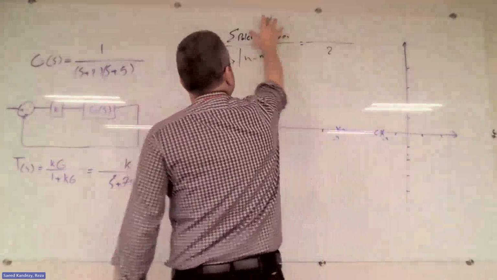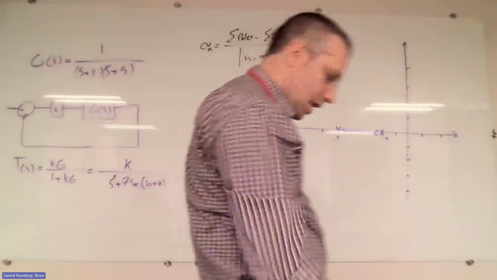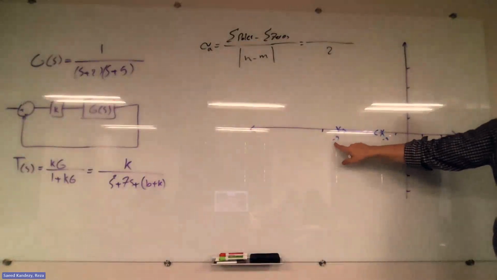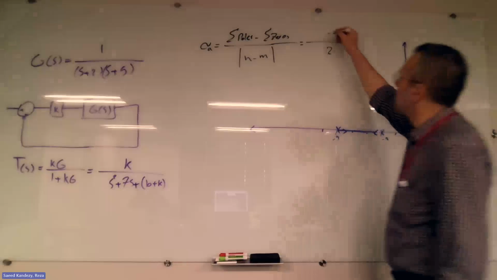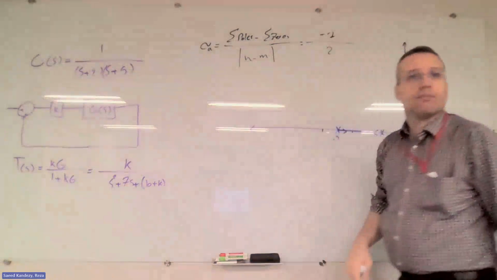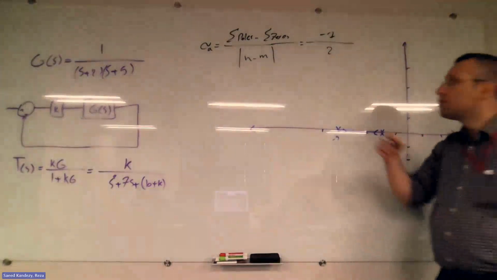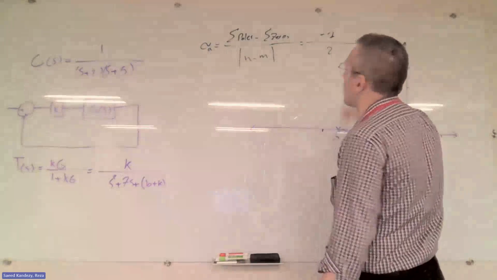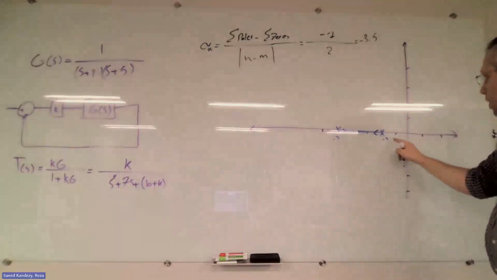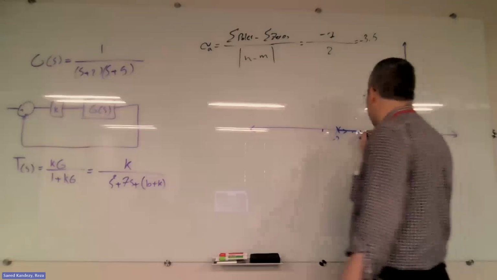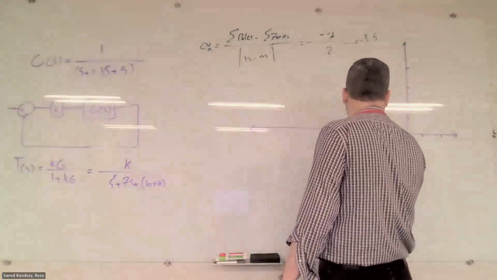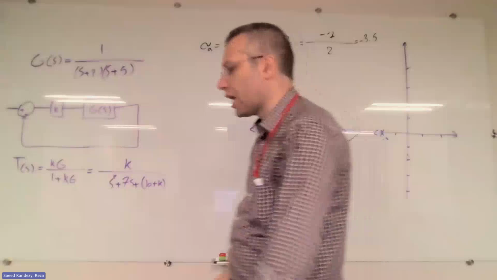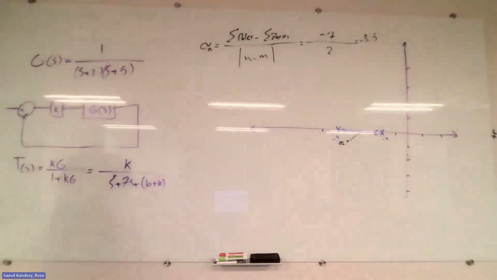We don't have any zeros, so this part is irrelevant. We have 2 poles, minus 2 and minus 5, so it is going to be minus 7. Are we good? So our intersection would happen at minus 3.5. So here is going to be the intersection of the asymptotic lines with our real axis.